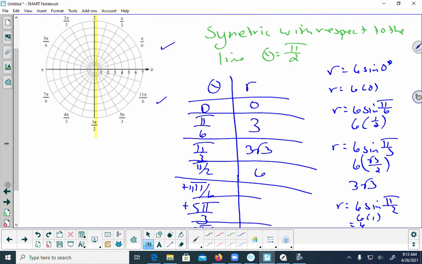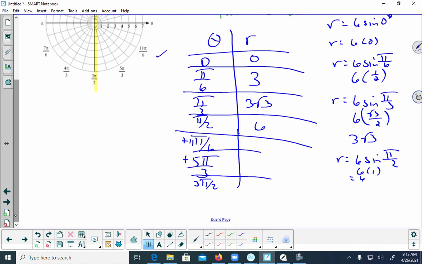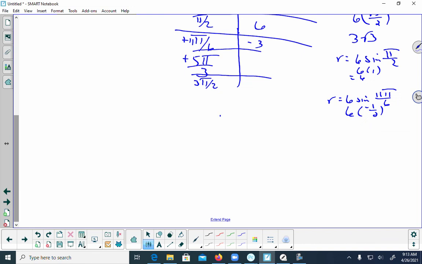Now let's do the other, keep on going. R is equal to 6 times the sine of 11 pi over 6. So this is 6 times negative 1/2, so that'll be negative 3. R is equal to 6 times the sine of 5 pi over 3.